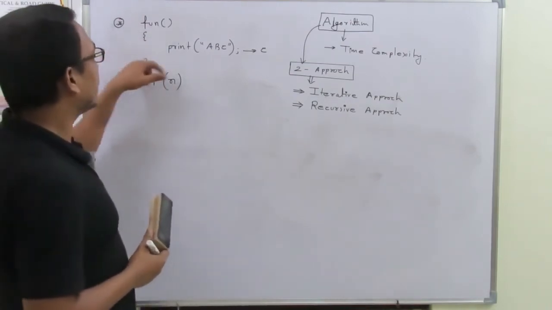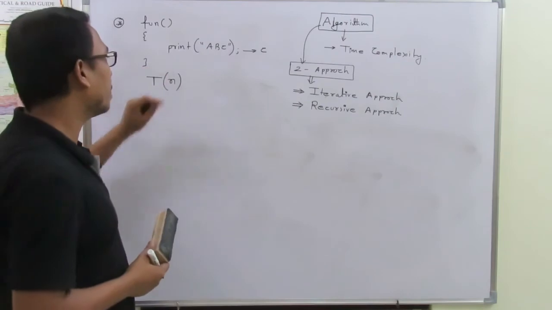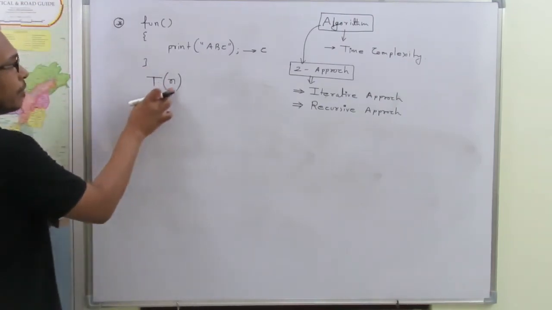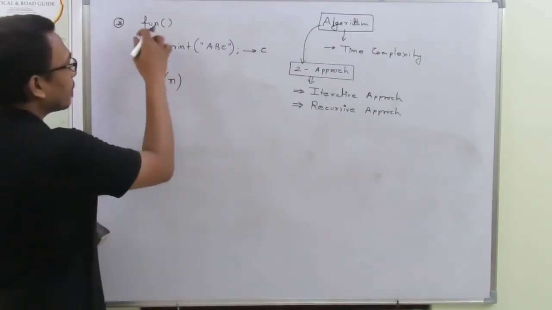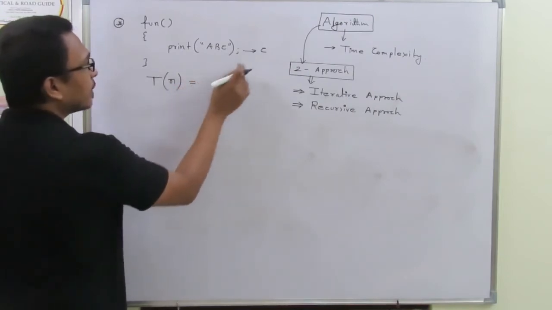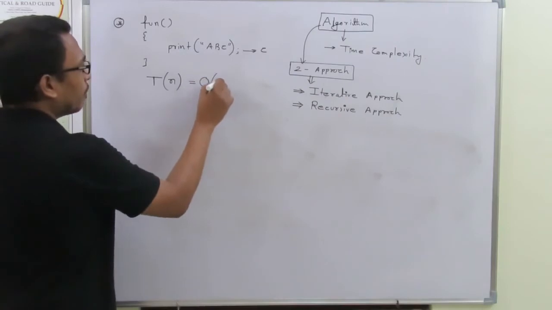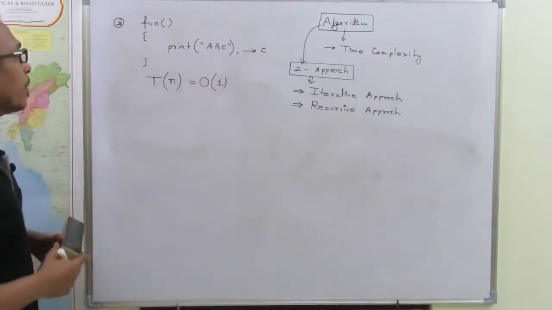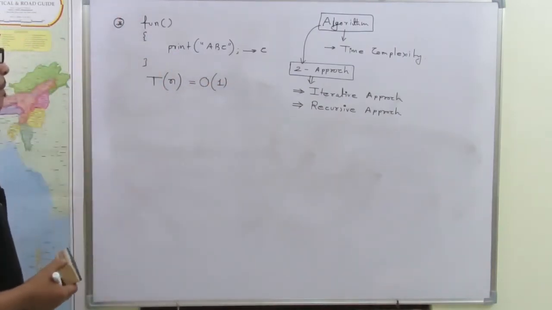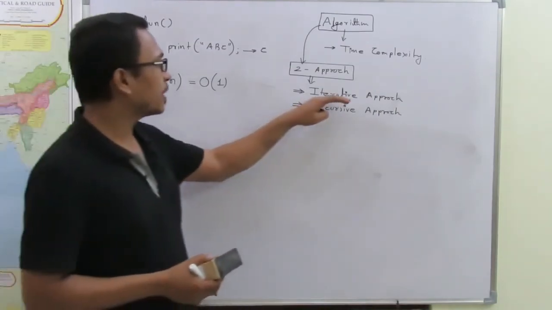Look, here we did not have any input. So what will be the time complexity of this particular algorithm? That will take only constant time, so big O of 1. This is the time complexity of this particular problem, where we don't have any iterative statement and any recursive statement.